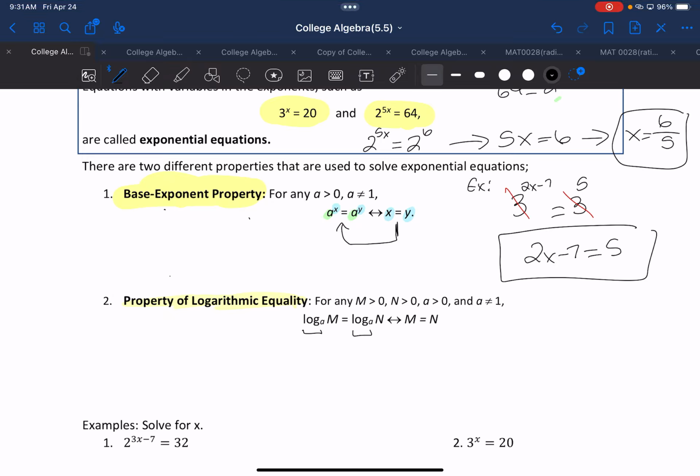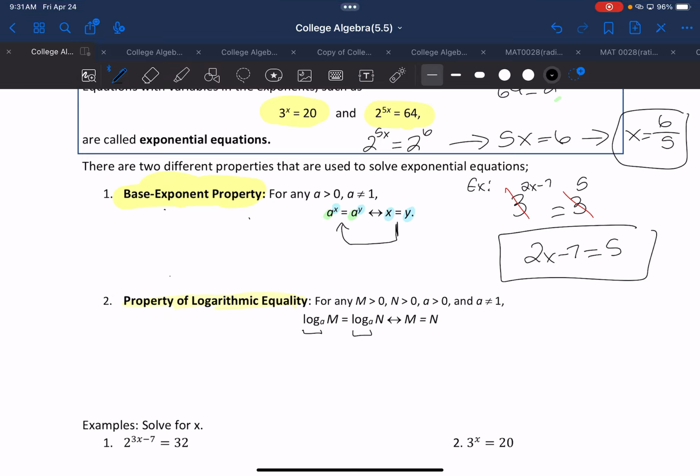Okay, but going the other way, this is what we're going to use first for exponential equations. So going the other way, if I have like 3^x equal to 40, well then I can take the log or ln of both sides of this equation and it'll still be equal.